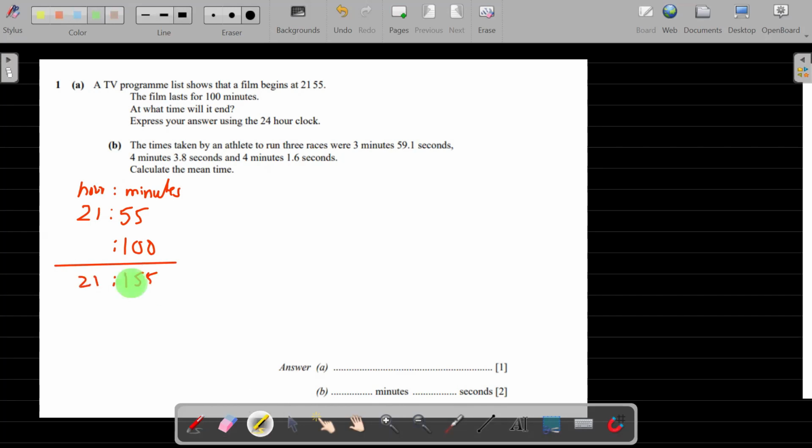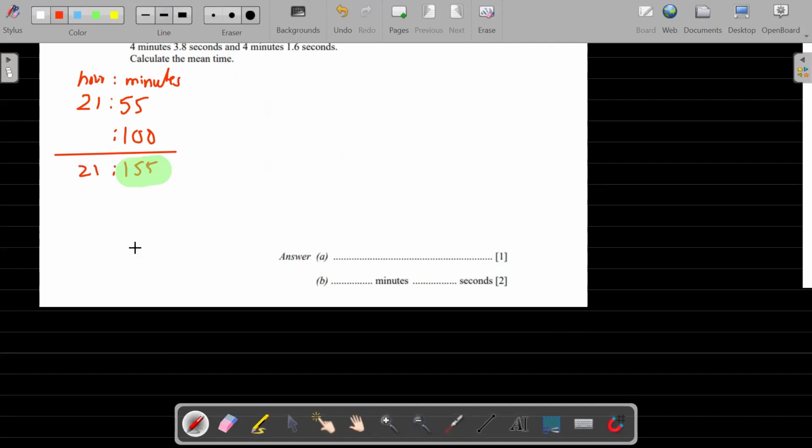But now you can see that my minutes cannot exceed 60. So what will I be doing? I will be subtracting 60 from it and I will be adding 1 in the R section. Then 155 minus 60 will be 95 and the R section will become 22. Now you can see that it is still greater than 60.